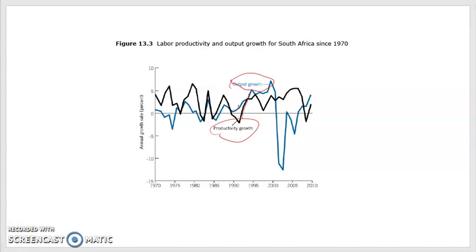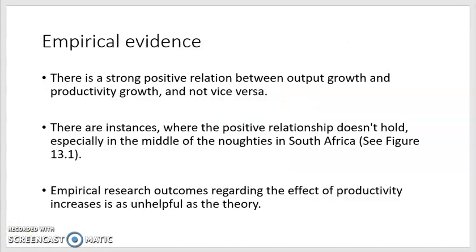This is the conclusion that we make from the empirical evidence: there is a strong positive relationship between output growth and productivity growth, and not vice versa. Two, there are instances where the positive relationship doesn't hold, especially in the middle of the noughties in South Africa, that is, the middle of the 2000s.